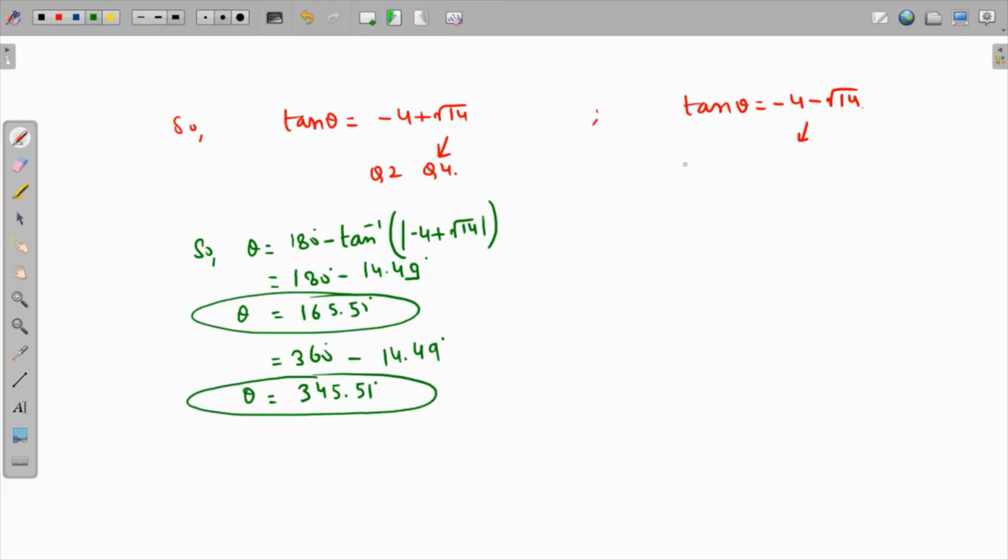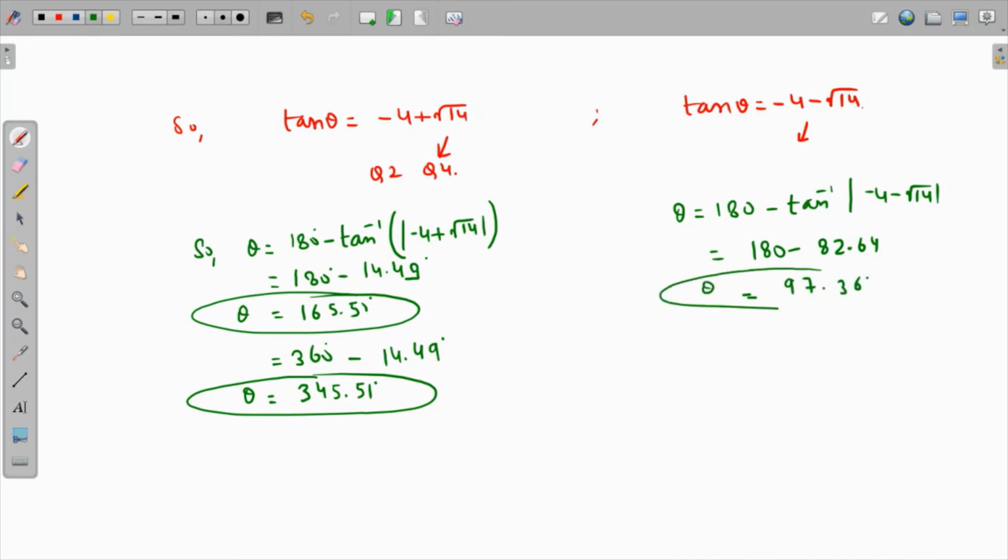And likewise, over here, the value of theta in quadrant 2 is going to be 180 minus the reference angle, which is tan inverse of the absolute value of minus 4 minus root 14. Let me just grab my calculator. That's 82.64 degrees. So that's 180 minus 82.64 degrees. 180 minus this value is 97.36 degrees.